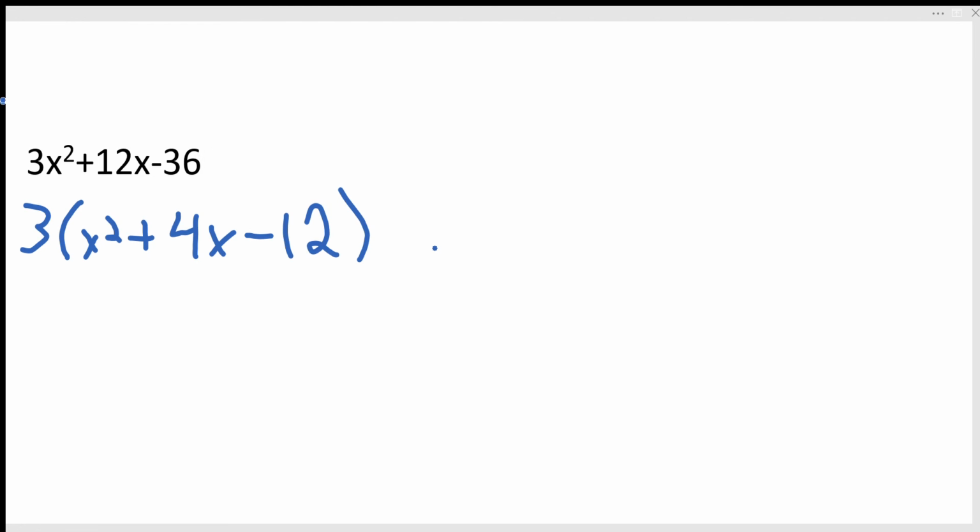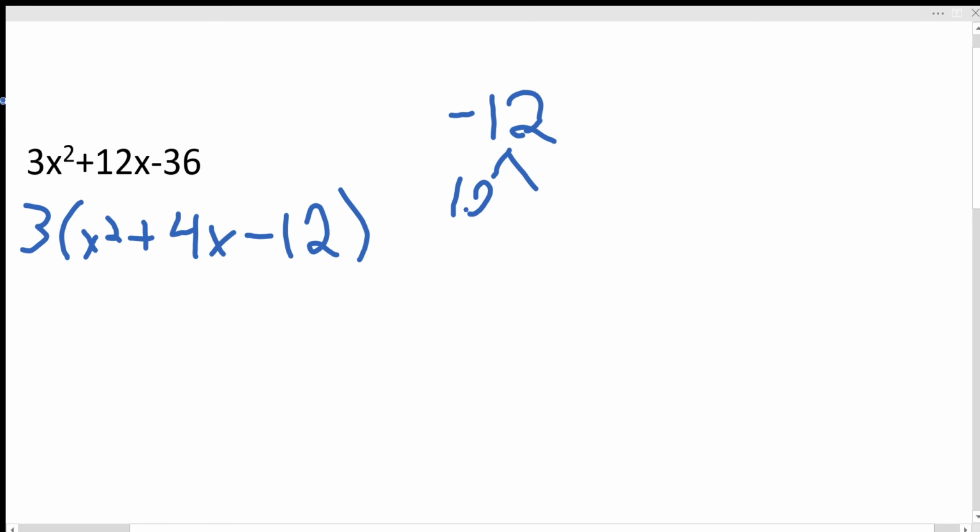So remember, we're looking for 2 factors of this negative 12 that will add to be positive 4. So let me draw that out for you. We have our negative 12. We want some factors that add to be positive 4. Let's just start without any of the negative signs. We have 12 and 1.